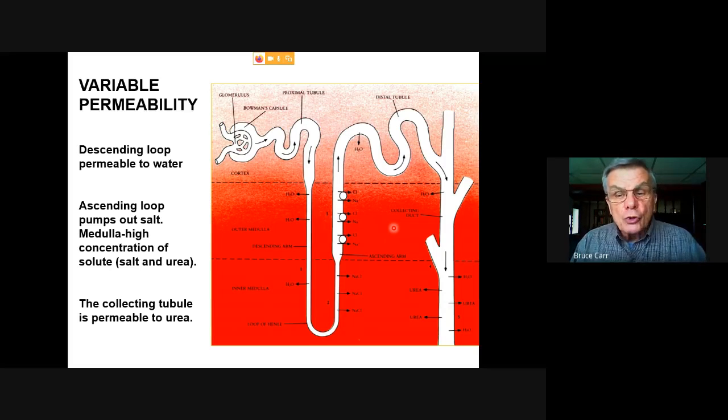So if you have a dilute solution going through here and down through the collecting duct, if there are open channels, that water will move right out, conserving water. If those channels are closed, then the dilute urine will pass out through the collecting duct and be emitted as dilute urine.